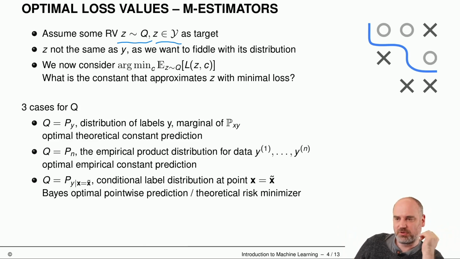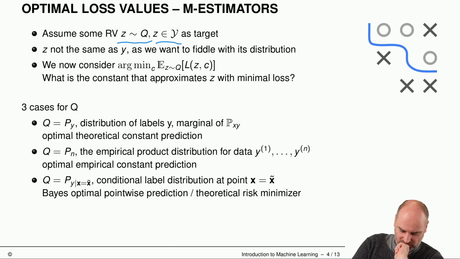It could be from some arbitrary space, but for me it's mainly labels that I'm interested in. And it's distributed somehow. I don't want to immediately associate that with the label distribution. I'm just going to say that this is some random variable. It has some distribution, and I want to associate with it a couple of different distributions later on, so I want this to be pretty flexible.